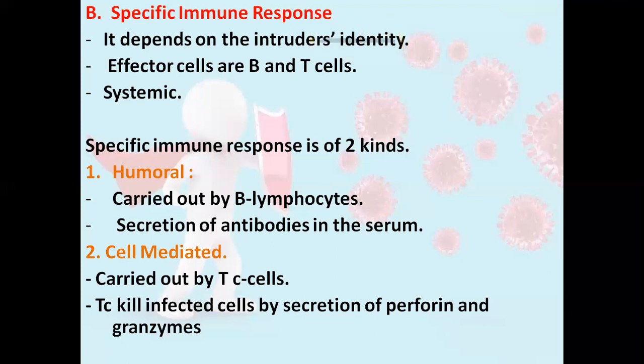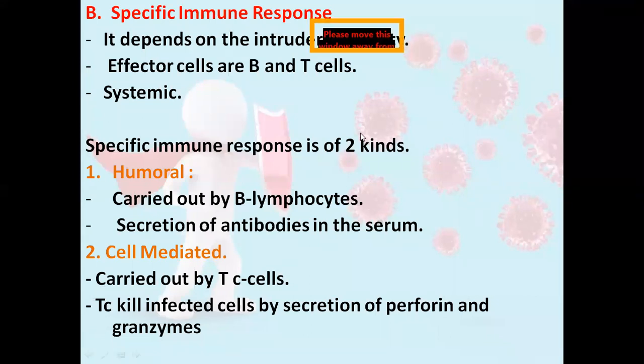We said that the humoral immune response is carried out by B lymphocytes, and it includes the secretion of antibodies inside the serum. However, the cell-mediated immune response is carried out by the TC cells, T cytotoxic cells, which kill the infected cells by the secretion of perforin and granzymes. So you have to know this. Humoral and cell-mediated both belong to the specific immune response.